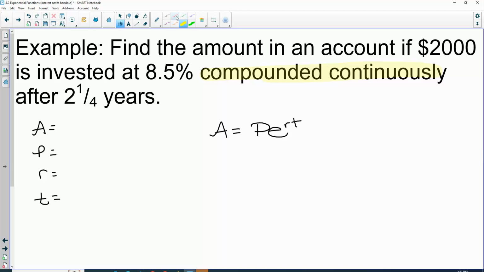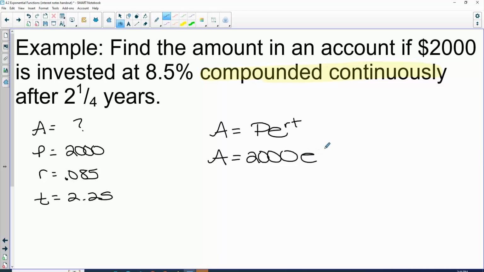We want the amount in the account later on, so we don't know A. 2,000 is our P. Rate would be 0.085, and our time 2.25 years. A equals 2,000 E to the 0.085 times 2.25.